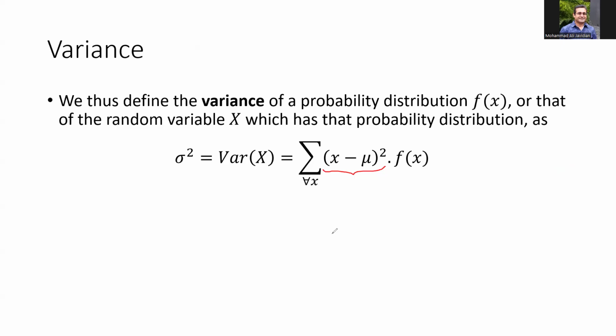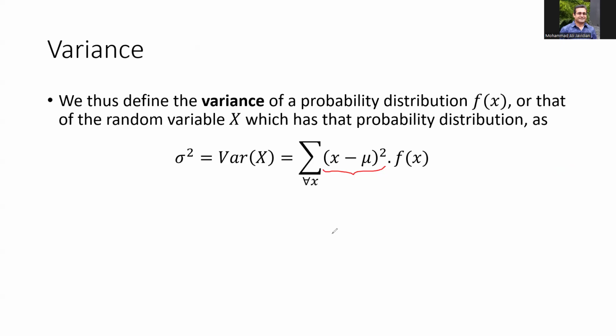Why x minus mu squared? Because if you do not square the subtraction, the positive and negative numbers cancel out each other, and this value becomes 0.